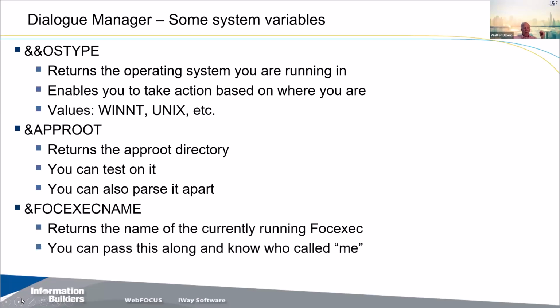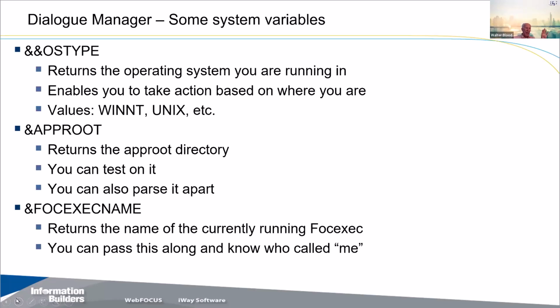Now, what FOCUS exec am I currently running? Do you know? If you don't know, you can get it from &FOCEXECNAME because we store that. All right. So you now know who I am when I'm running. And this is something that, if you need to, you can test and you can pass along.